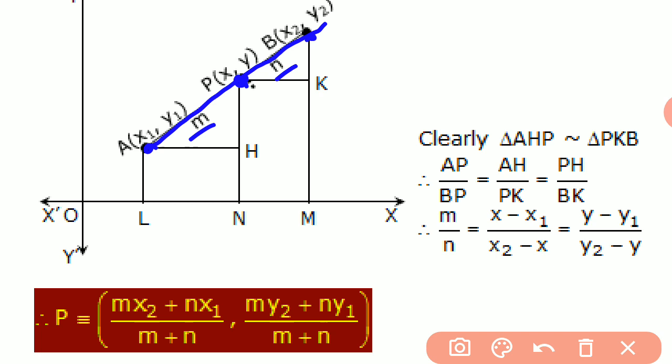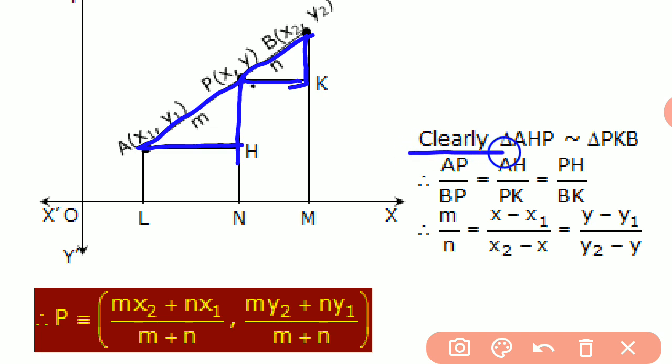Our aim is to find the coordinate of P. So for this we will take these two triangles and prove they are similar.